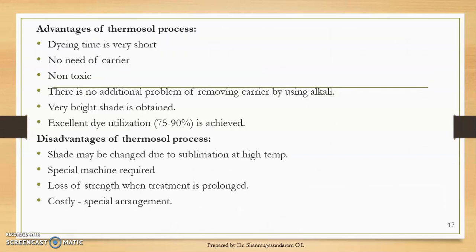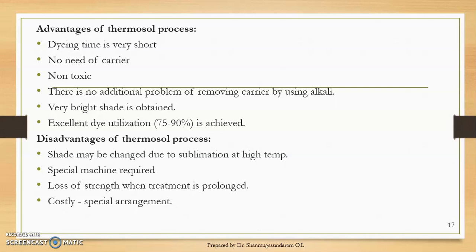So coming to the advantages of this thermosol dyeing process: dyeing time is very short, no need of carrier, non-toxic. There is no additional problem of removing the carrier, because we have already discussed in the carrier dyeing process that once the dyeing process has been completed, we have to remove the carrier present in the material by using alkali.